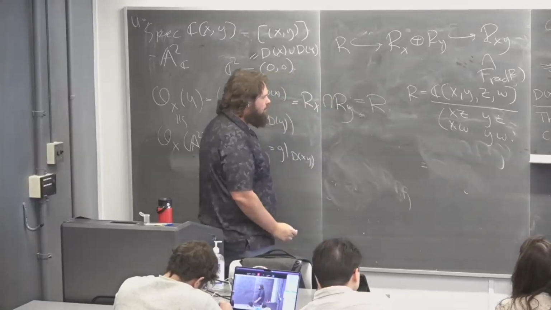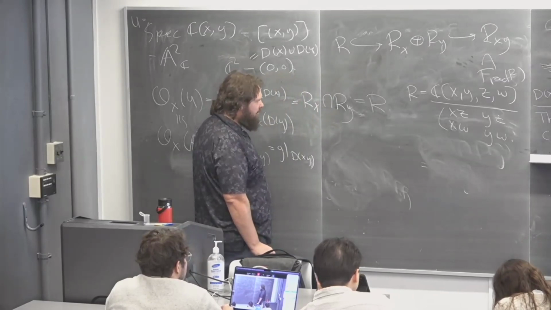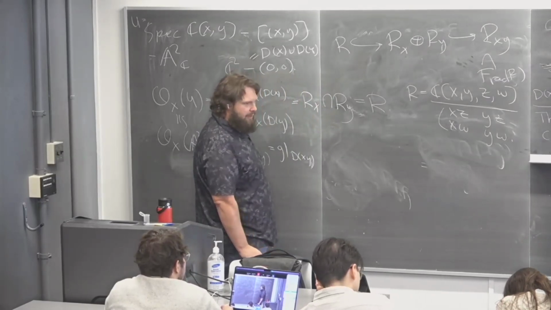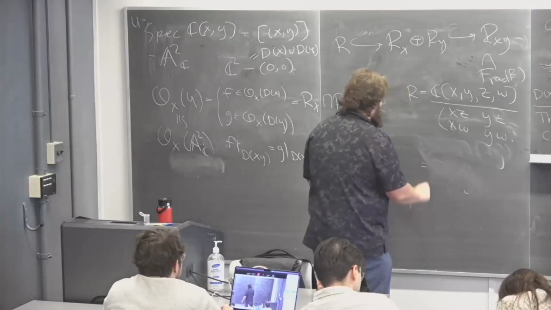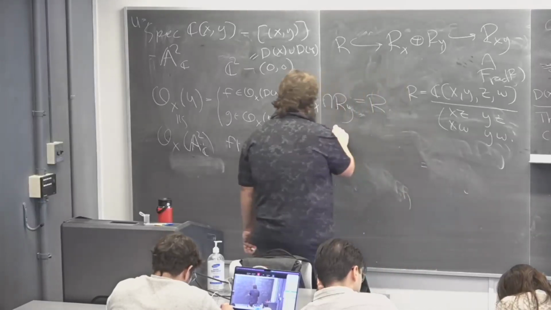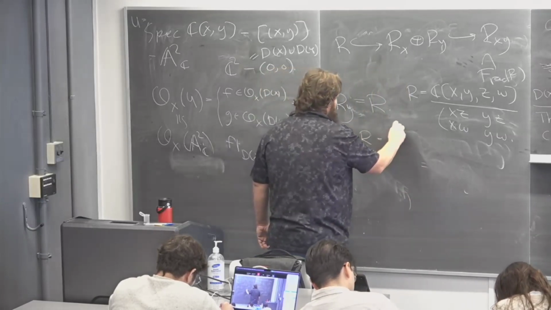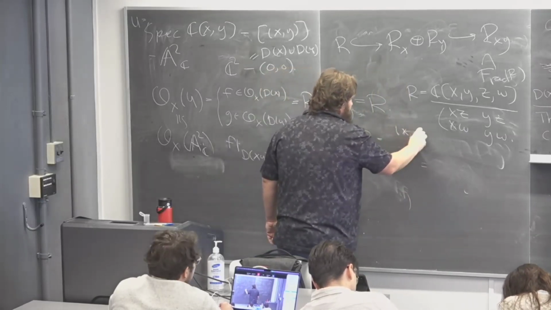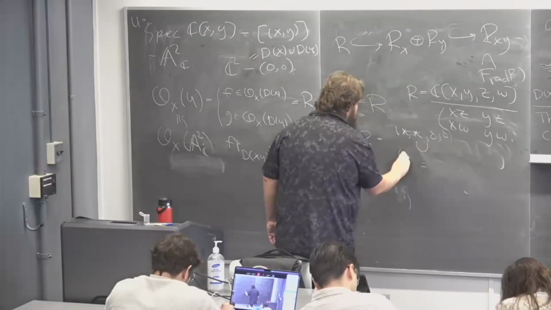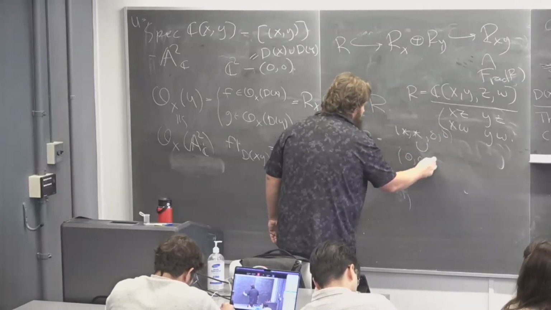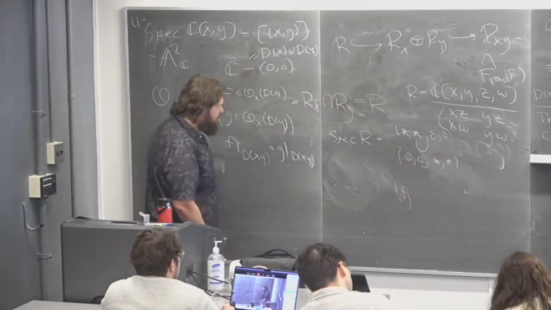What this forces is that either both X and Y are 0 or both Z and W are 0. So this is the guy I mentioned last time, Spec R, which is the stuff where the first two coordinates are non-zero but the second two are 0, and so on.